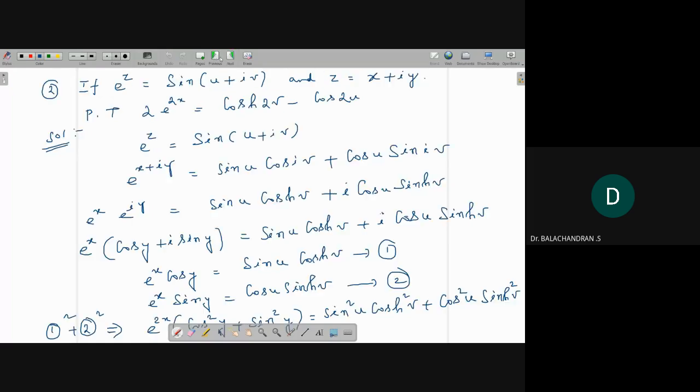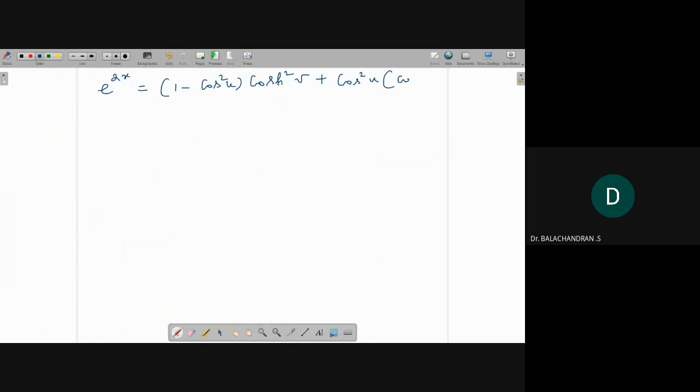So how to write sin h square v? In terms of cos h square v, it is cos h square v minus 1. Yes, correct. In general, cos h square theta minus sin h square theta equals 1, and here we have v instead of theta.